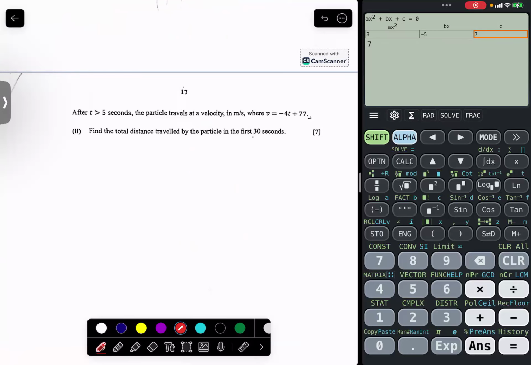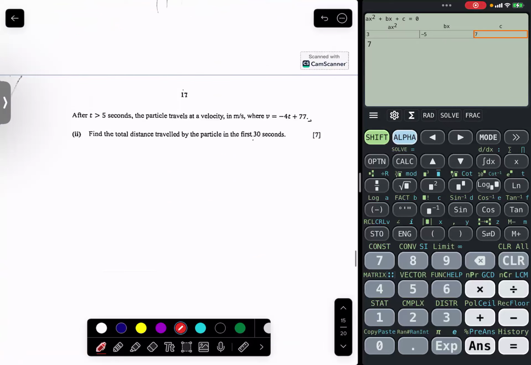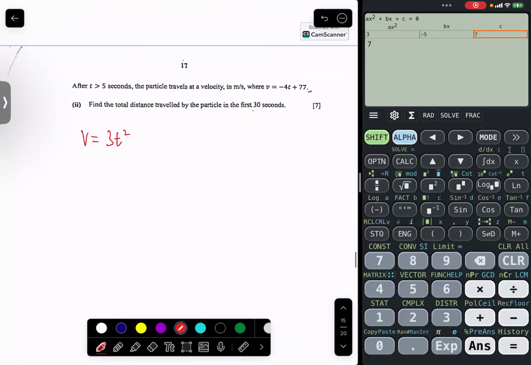So t more than 5. So up to t equals 5 it will still travel at this, there are two velocities. v equals 3t squared minus 5t plus 7. So displacement is the integral: t cubed minus 5 over 2 t squared plus 7t plus c.